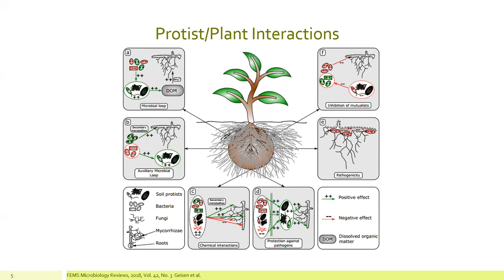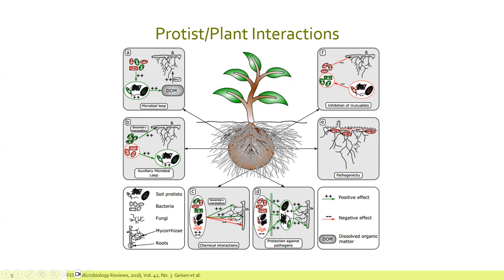Some of these protists can be pathogenic, while others can be of benefit to the plants. And again, D illustrates the same thing. However, it's all positive in this regard, with these protists being the safeguards of the plant.